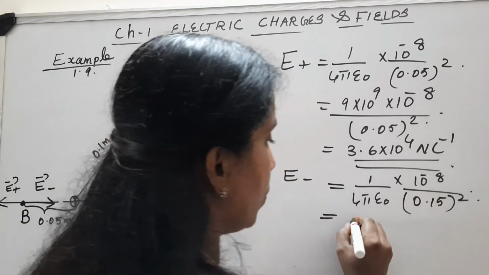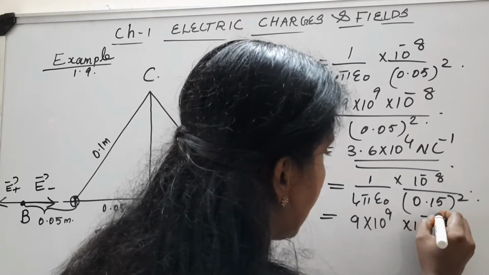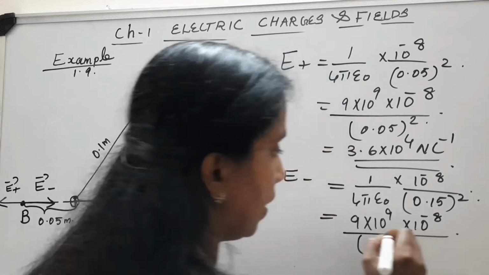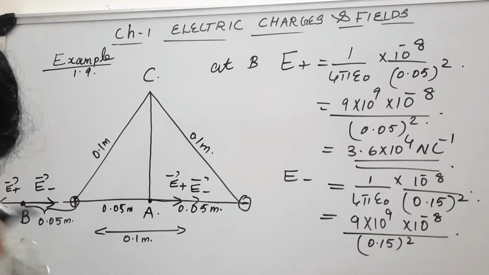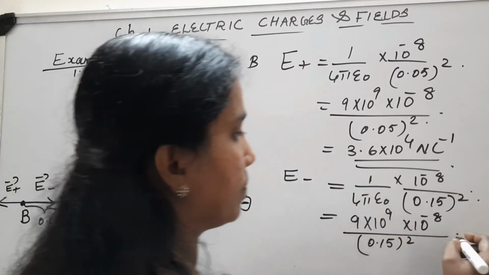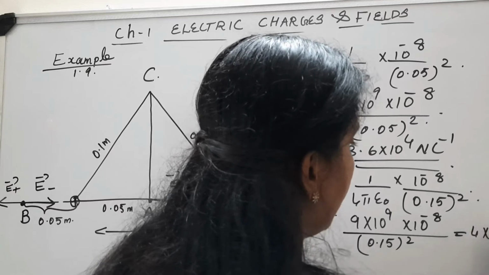So 9 into 10 raised to 9 into 10 raised to minus 8 divided by 0.15 square. When we calculate this, we get 4 into 10 raised to 3 Newton per Coulomb.